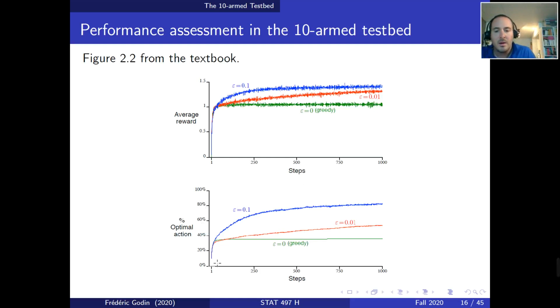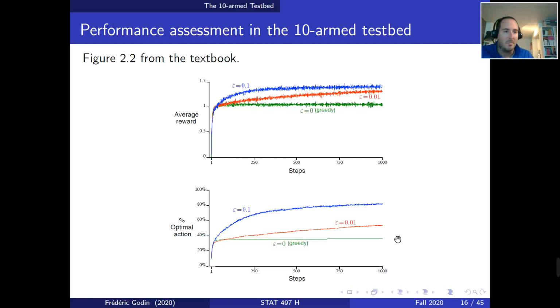This plot gives us the average across all 2,000 runs of the frequency with which the optimal action is selected. For the greedy approach, we can see there's a plateau, which means there are a lot of cases where the optimal action is just missed, and it's missed for the rest of time.